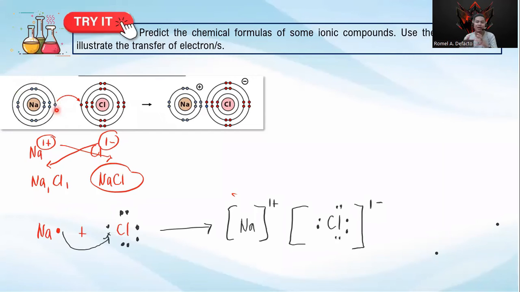So its atomic radius decreased. So that's why you can see through the illustration that the Na after the transfer of the electron is reduced in size. So this is what's happening here.